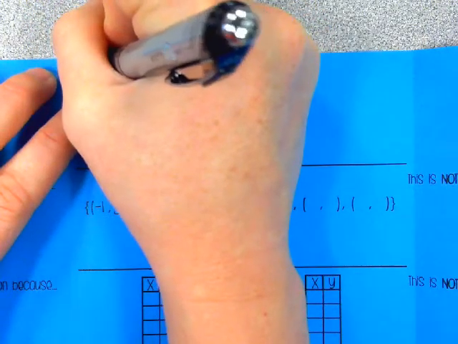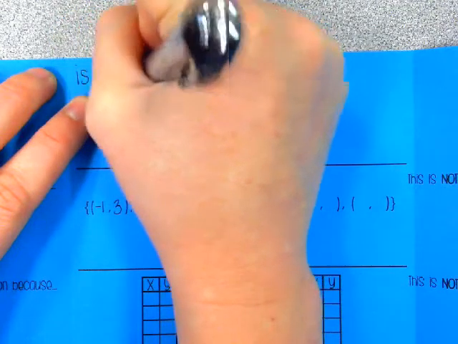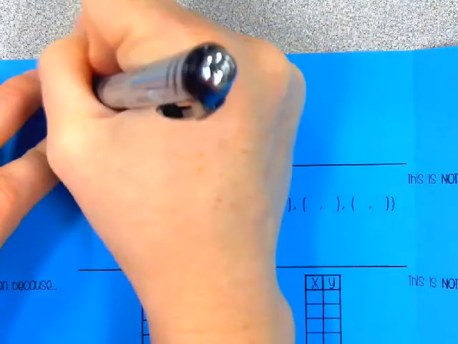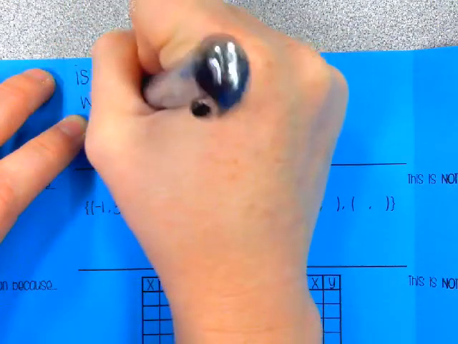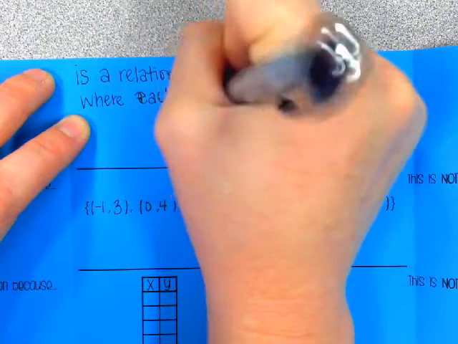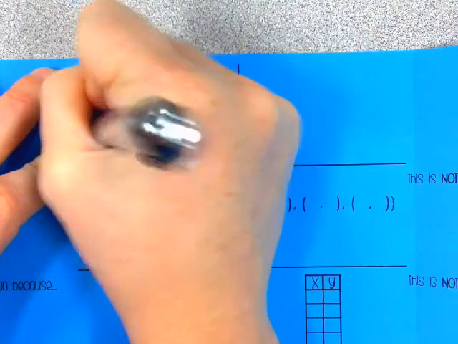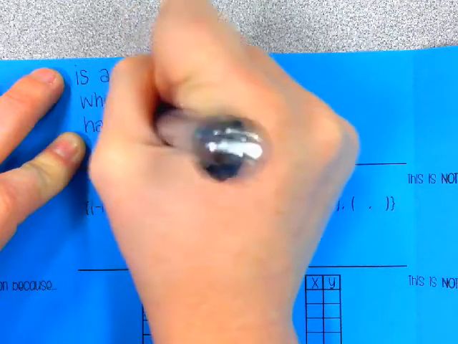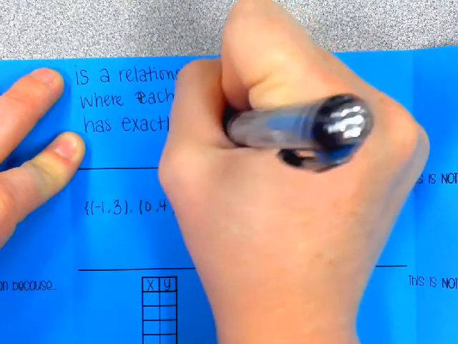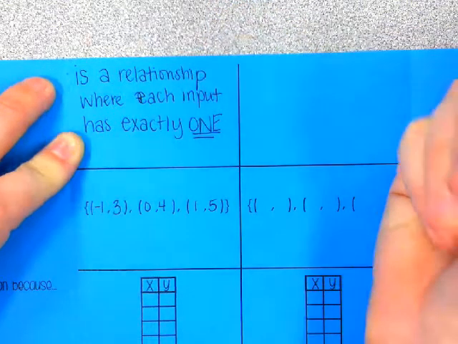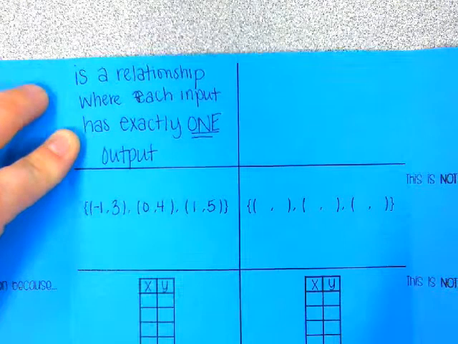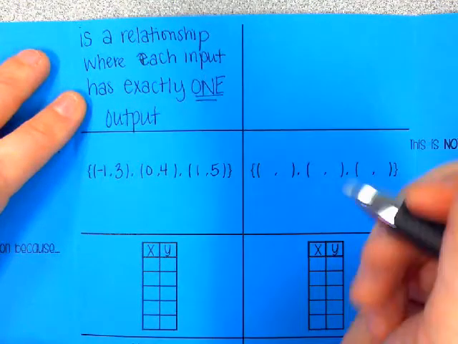So a function is a relationship where each input has exactly one output. So that means no input value is repeated.